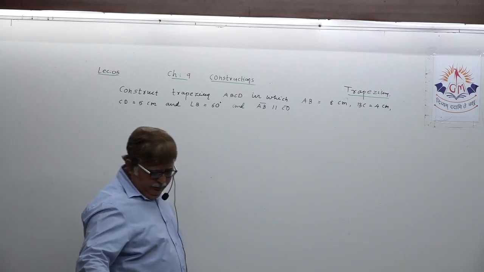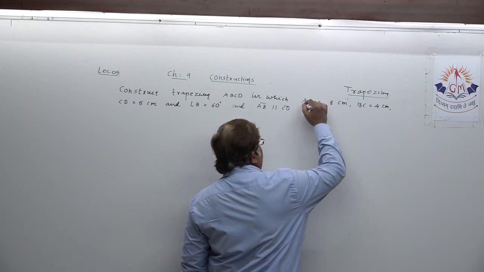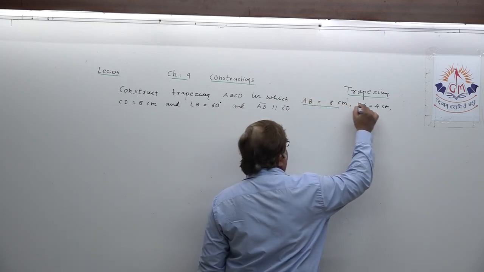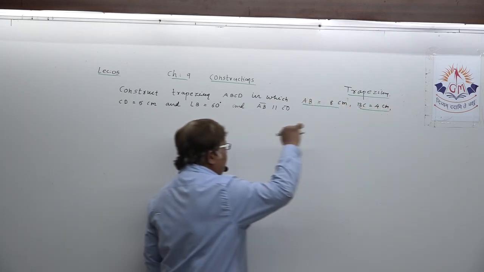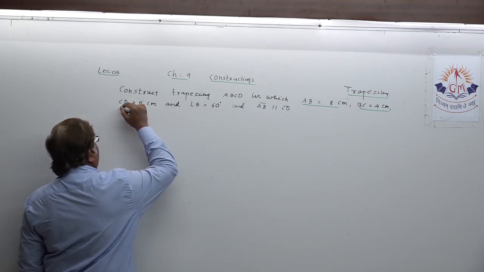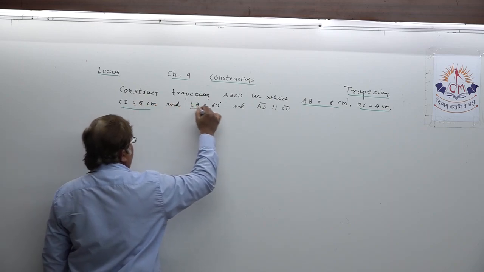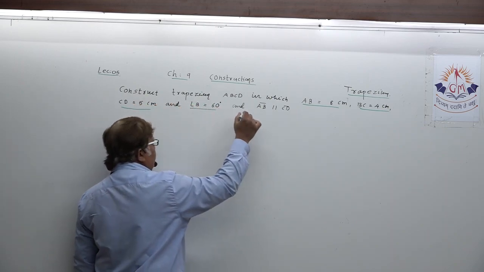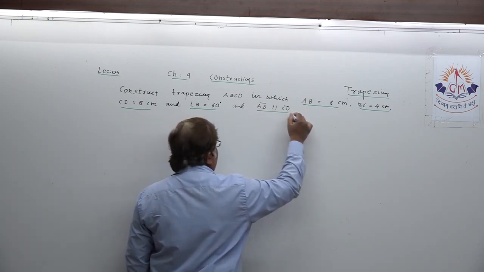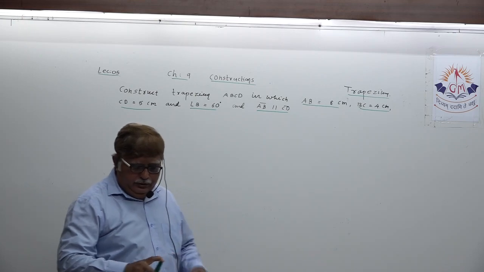Rough sketch definitely is going to help here. AB is given 8 centimeter, BC is given 4 centimeter, CD is given 5 centimeter, angle B is given 60 degree, and AB parallel to CD is given.